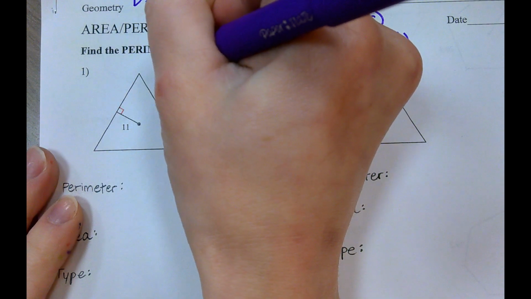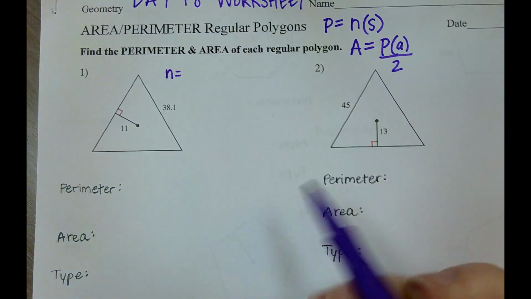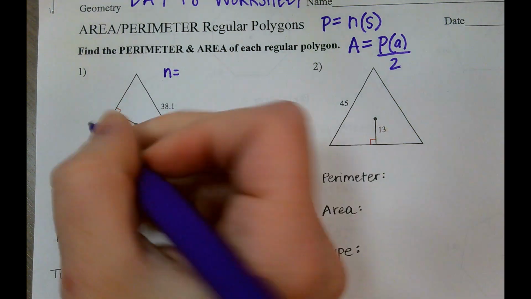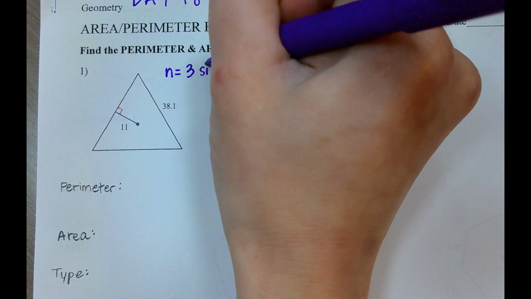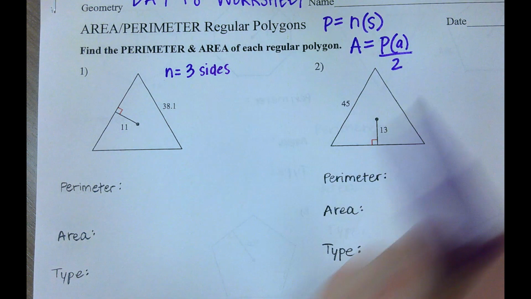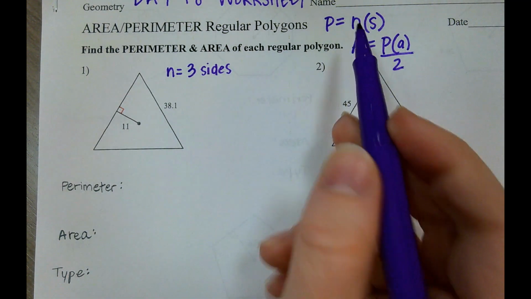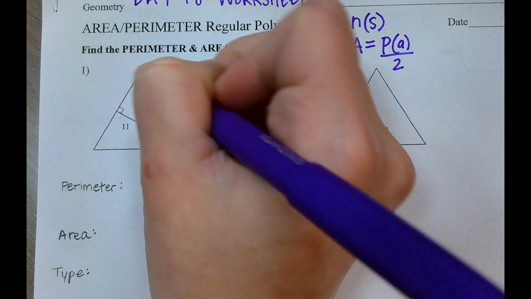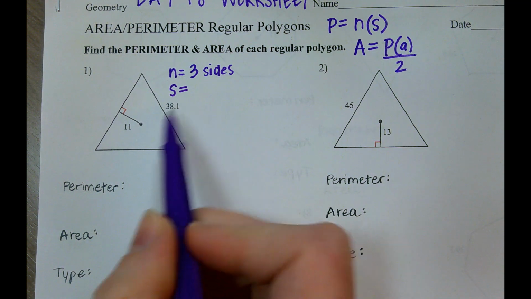So we're gonna start with N. How many sides? 3. So if we want, we can even write 3 sides, so we don't forget where that N came from. Now we need S for side length, 38.1.